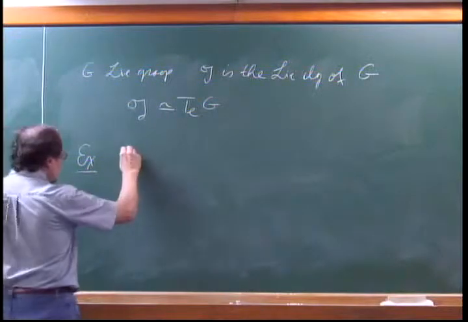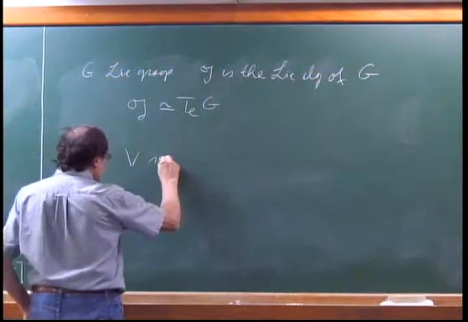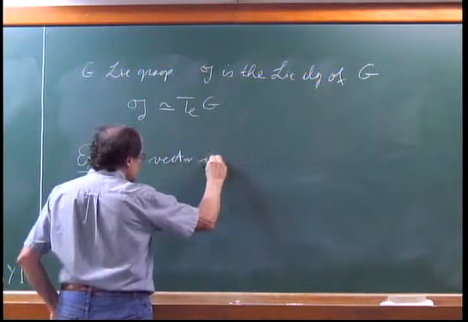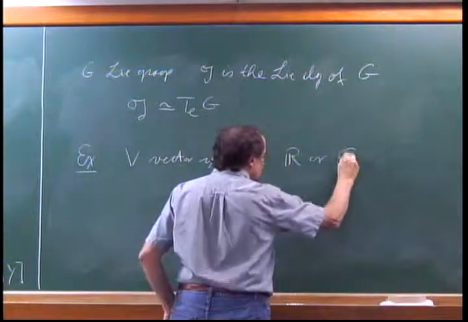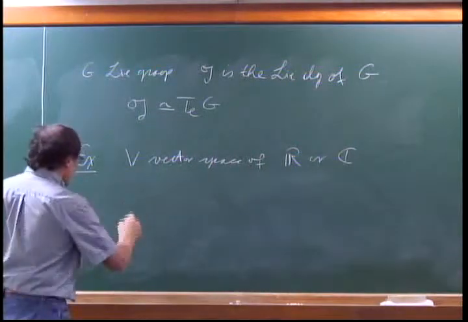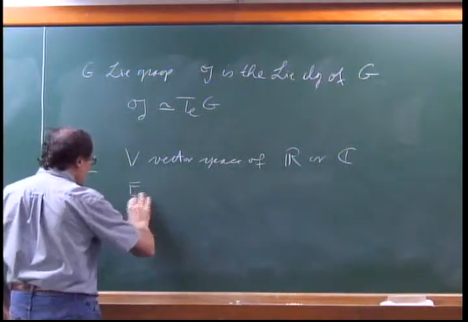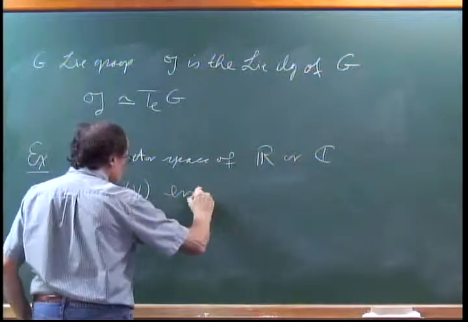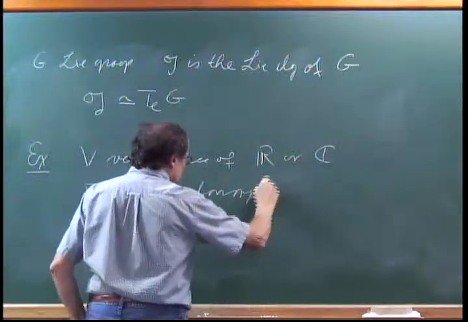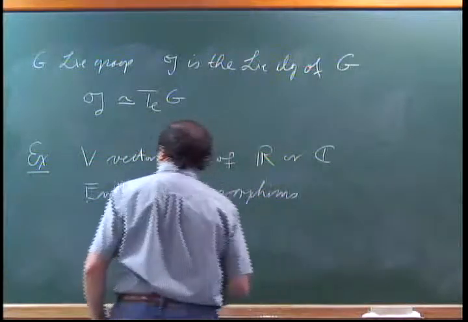So let me do it in the following generality. Say V is a vector space over R or C. We are a complex vector space. Then I have the endomorphism of the vector space, so just all linear maps.